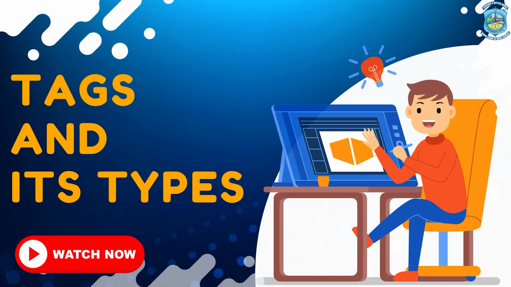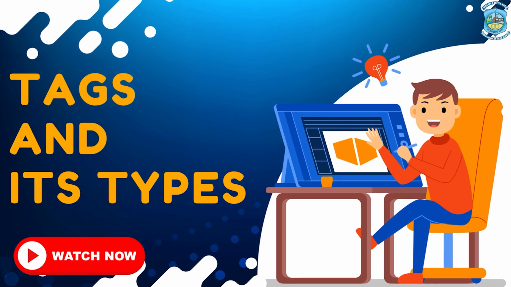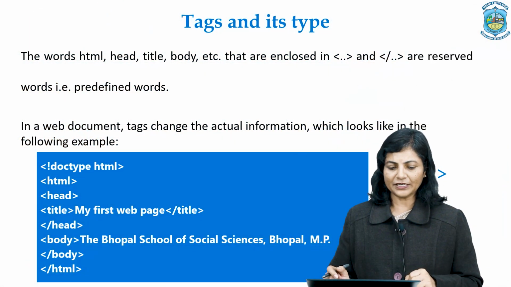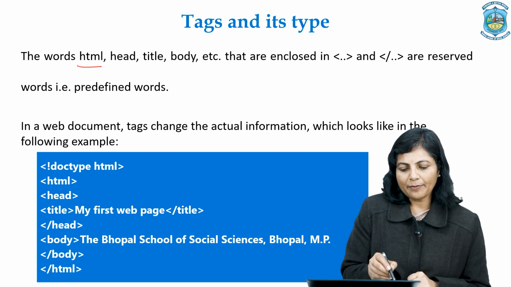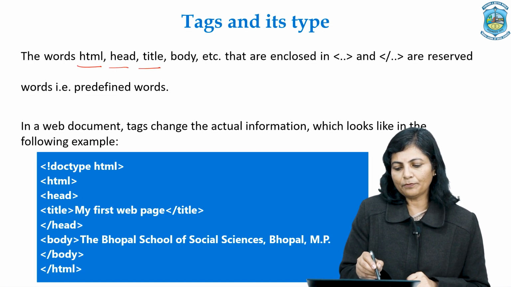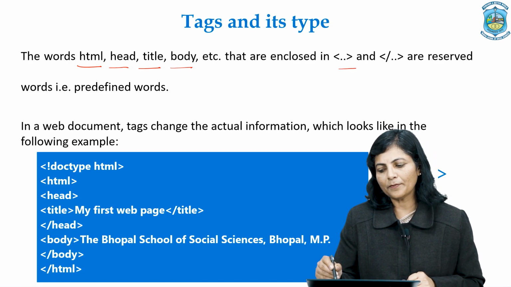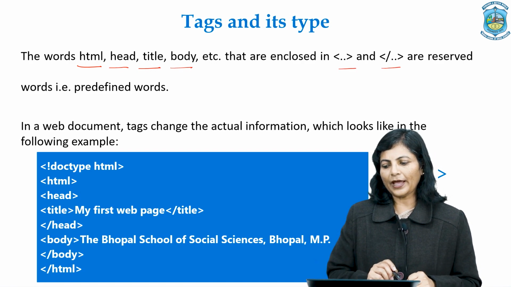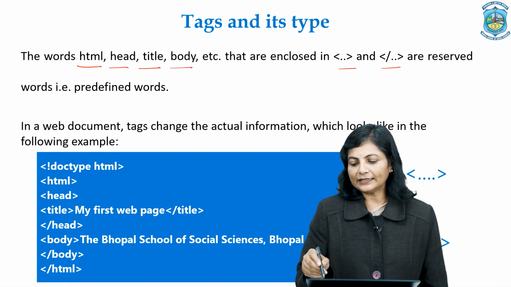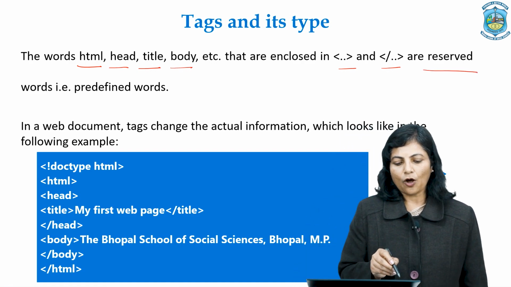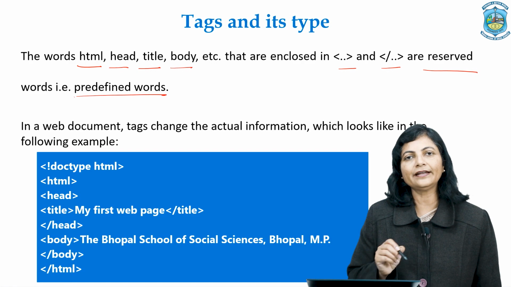Now we will see what tags are and their types. As you have seen, the words HTML, head, title, body, all these are enclosed within angular brackets. As I already told you, these are reserved words, which are predefined words.